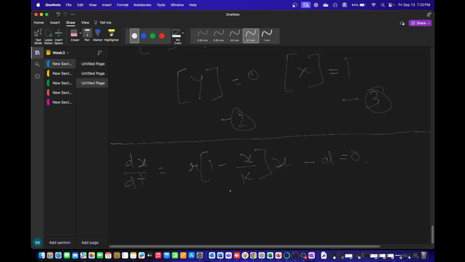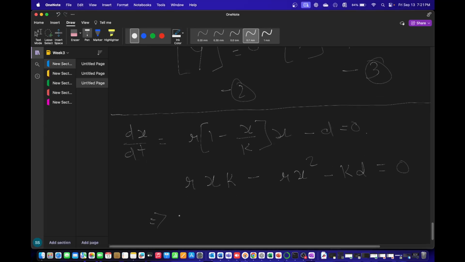So we need to rearrange a bit. So r x k minus r x square minus k d equal to 0.